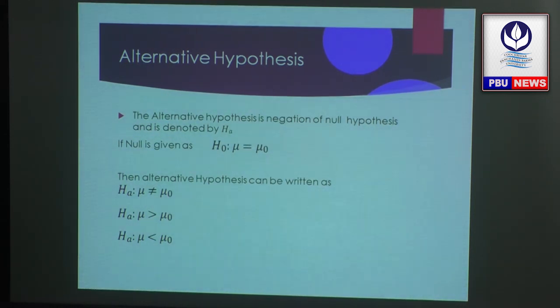When mu is not equal to mu 0, two situations arise. In the alternative hypothesis, mu is greater than mu 0 or mu is less than mu 0.